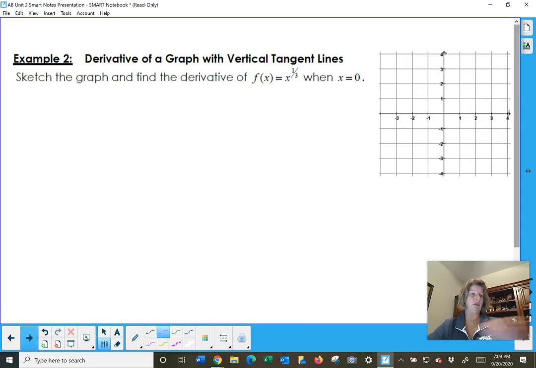So example 2 says, sketch the graph and find the derivative of f of x equals x raised to the 1/3 when x is 0. Let's draw the picture first. If you do it on your graphing calculator, when I have a very, very small decimal, this actually shoots up quite quickly.